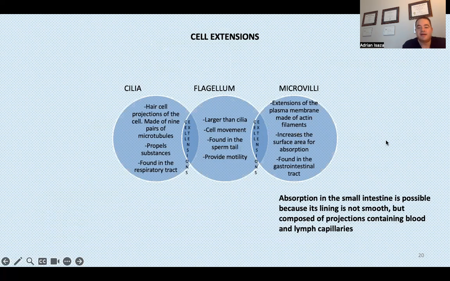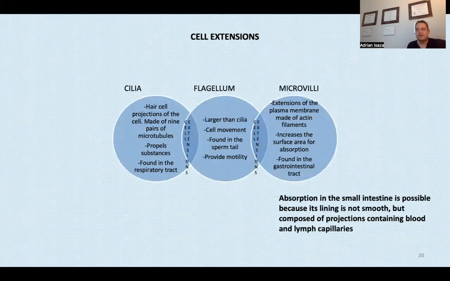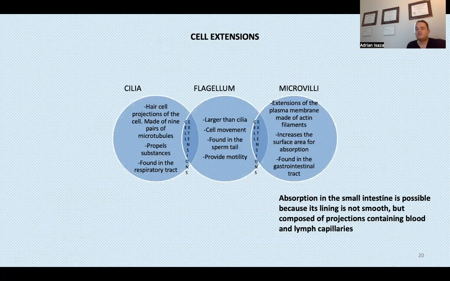Here, microvilli. I kept saying the small intestine is where absorption takes place, but the specifics of how absorption is possible is that the lining of the small intestine is not smooth. It is composed of projections called microvilli, containing blood and lymph capillaries.